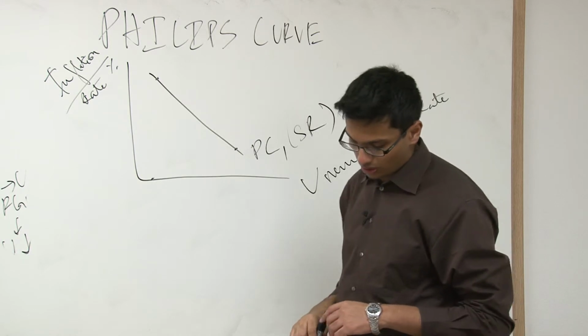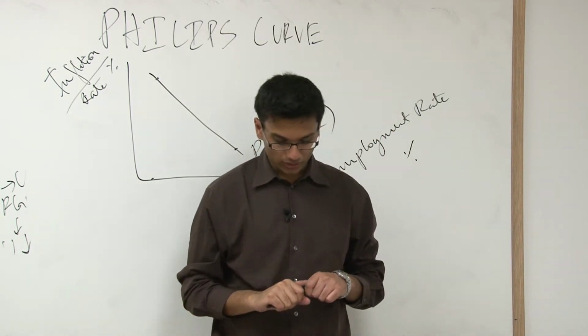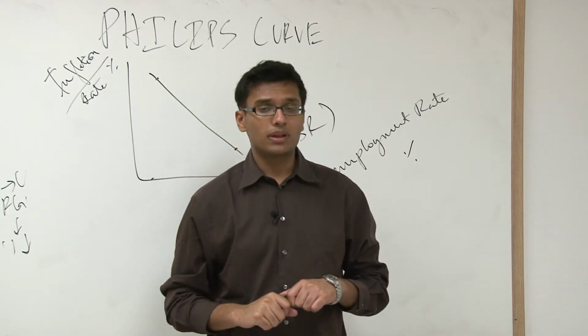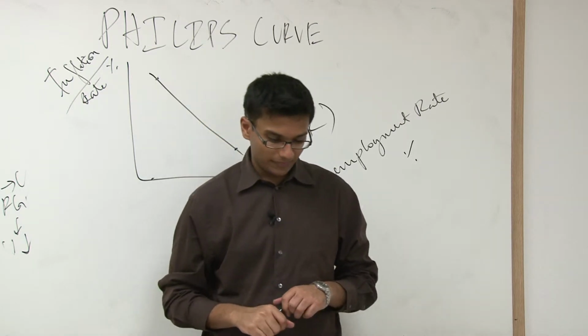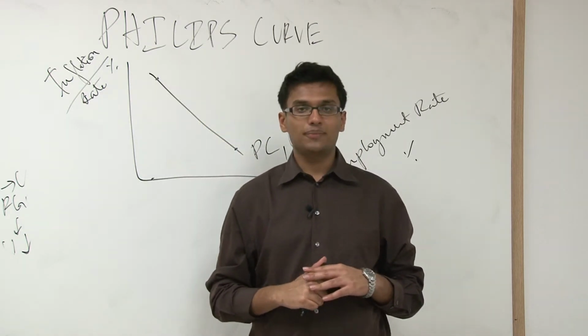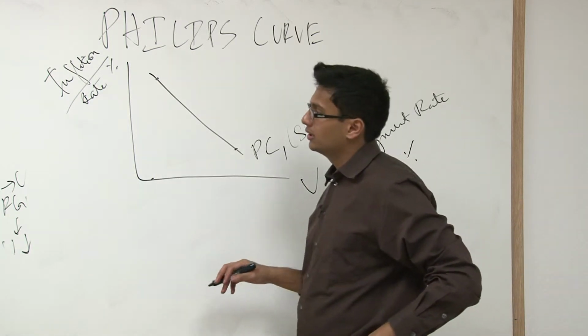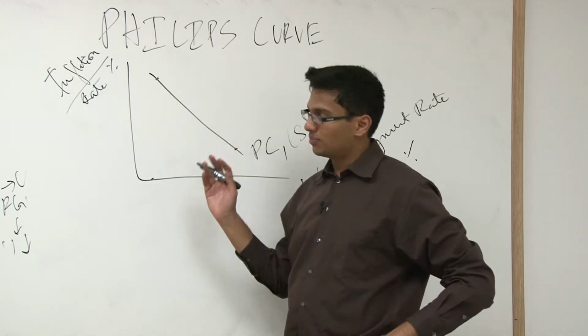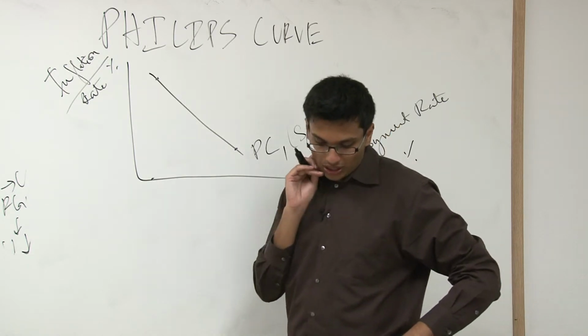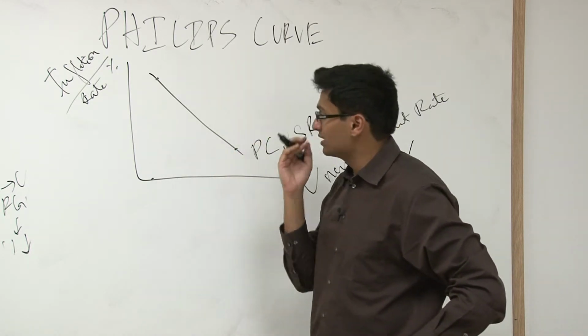So how does the Phillips curve look in the long run? Before I get into that, I just want to make sure that you understand how the AS actually shifts the PC. So what happens when I have a supply shock, basically known as supply shifts, whatever you want to call it? So I have a supply shock, and basically AS is decreasing.